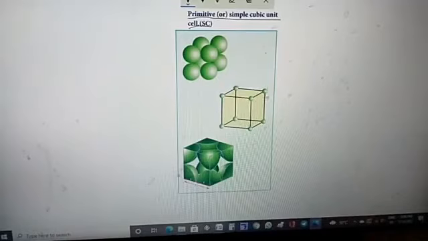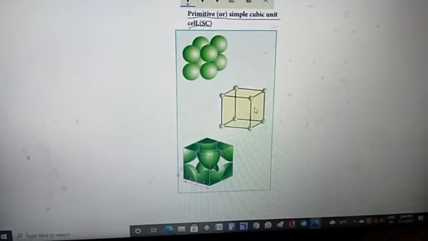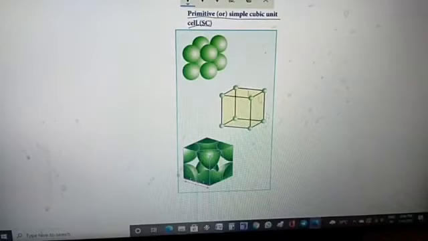It shows where they are occupied, either at the corners, at the body center or at the face center. That position can be shown clearly in this open type of structure. So the arrangement of particles is easier to see when compared with the space filling model.